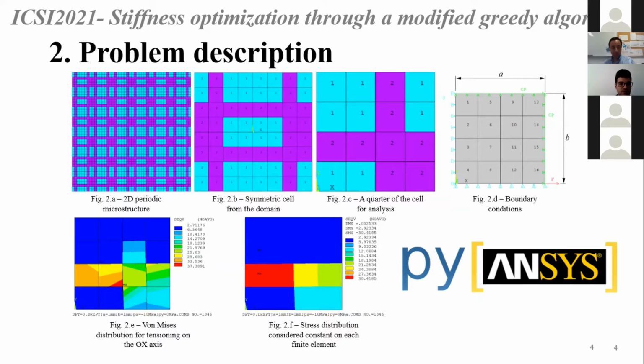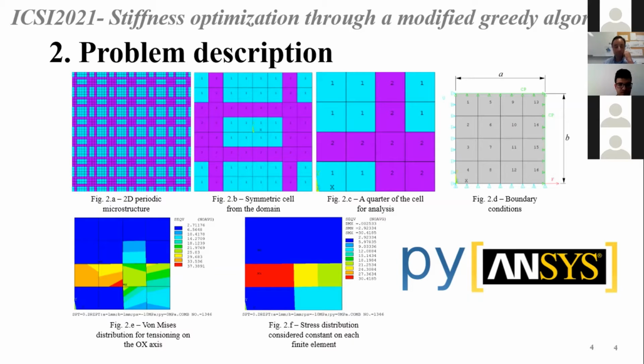In this case, the materials are 50% soft material and 50% hard, but the ratio can be variable. We consider that we know the Young modulus. In this case, we have as input 1,000 for the soft material and 10 times that for the hard material.